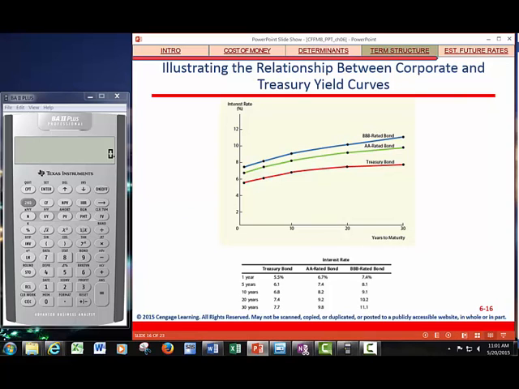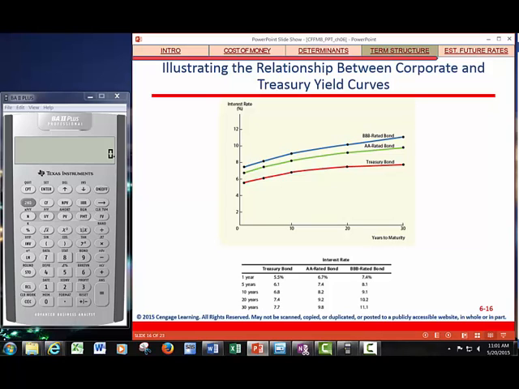And then here we have example yield curves. Like I said before, the Treasury yield curve for the Treasury bond, all of these are Treasuries plotted along the red line. For AA rated bonds, all AA rated bonds are plotted along the green line, and BBB rated bonds are the last category for investment grade bonds, and they are plotting above all of the different yield curves.